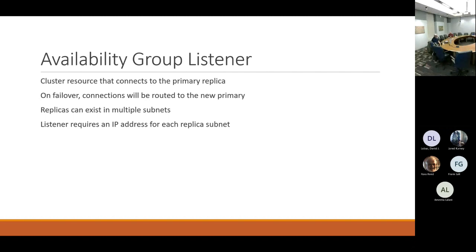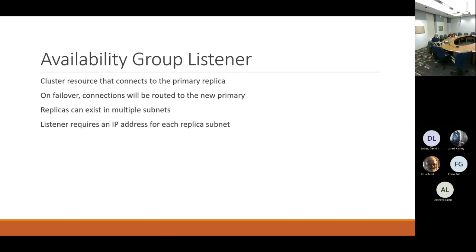One other very important piece of an availability group is a resource called a listener. So a listener is a cluster resource, and it is basically a pointer to the primary replica. So you build out a failover cluster that sits underneath the availability group, and the listener gets built as a resource in that cluster.